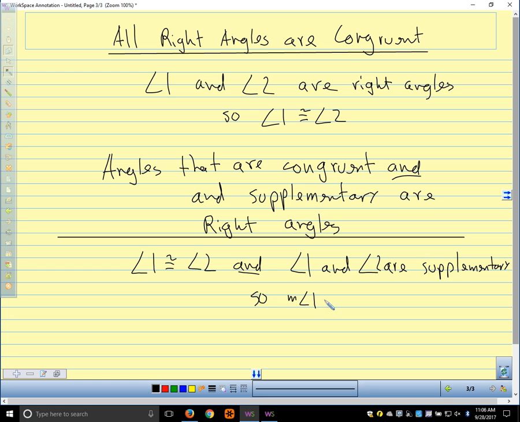The measure of angle 1 equals the measure of angle 2 equals 90 degrees. All right, and we just talked through how we would go about proving this. All right, questions?